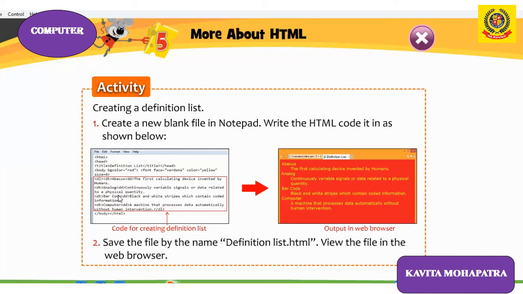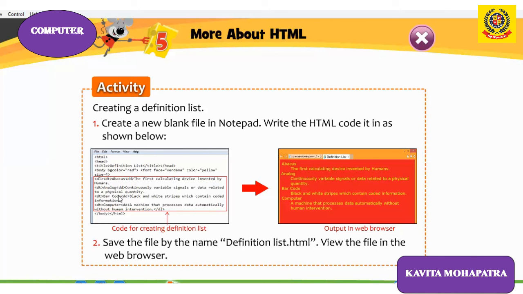Now the second term, DT analog, the term is analog, and the description: continuously variable signals or data related to a physical quantity.